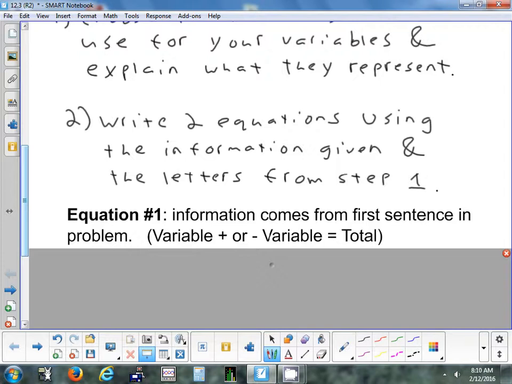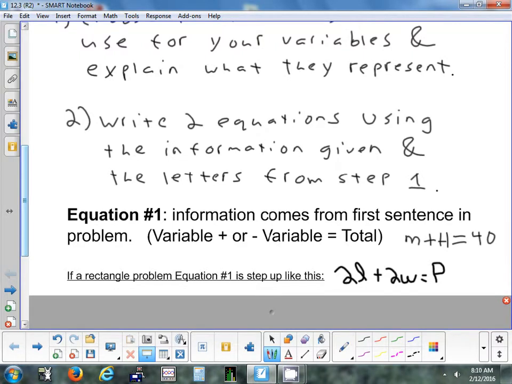So if I said the sum of Mary and Hank's age is 40, that's how you could write that as an equation. If you take Mary's age, add it to Hank's age, the answer is 40. That's what your first equation is usually going to look like. That one's usually pretty straightforward.